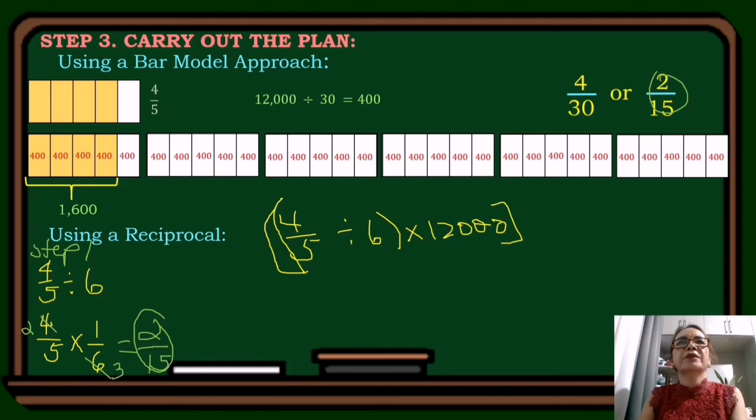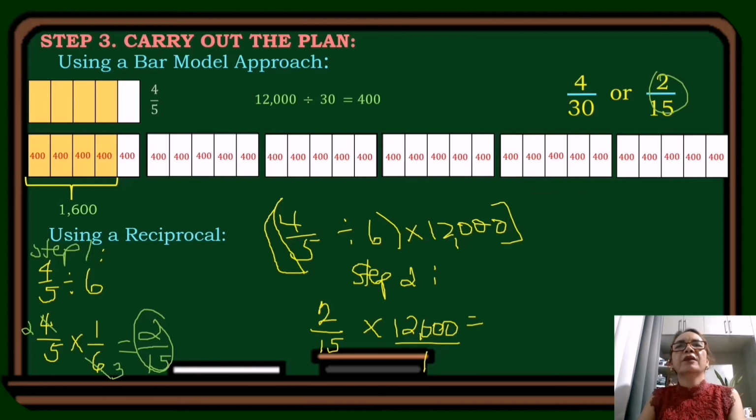So our step 2 is to get the 2/15 of 12,000. So what is 2/15 of 12,000? So again, we will add the fraction bar in 1 to make it a fraction.